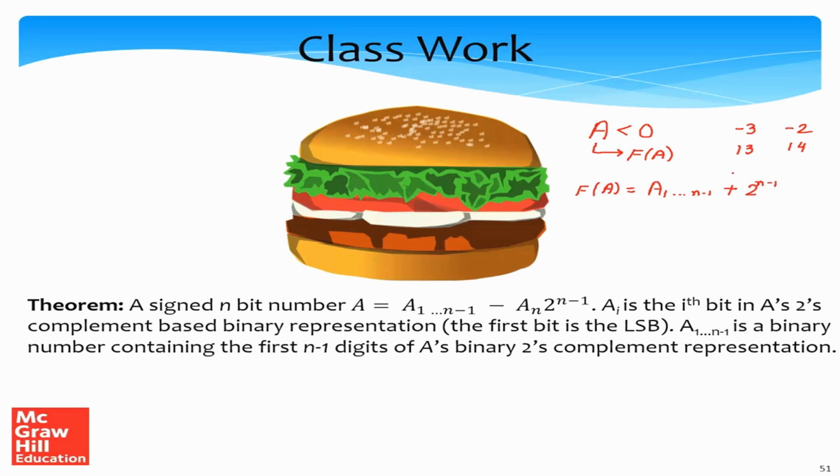The reason I can write it this way is that for every negative number, the most significant bit is 1. So any number of this form will expand to 2 to the power n minus 1 plus something. Since the MSB is 1, I can write 2 to the power n minus 1 over here plus the number formed by the rest of the bits, which is A1 to n minus 1.